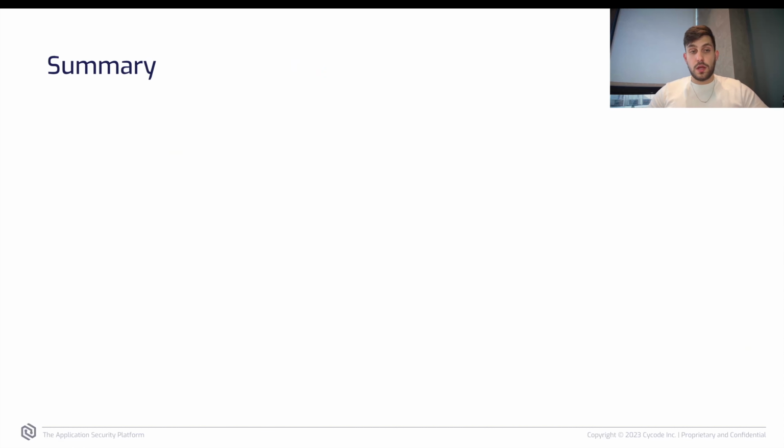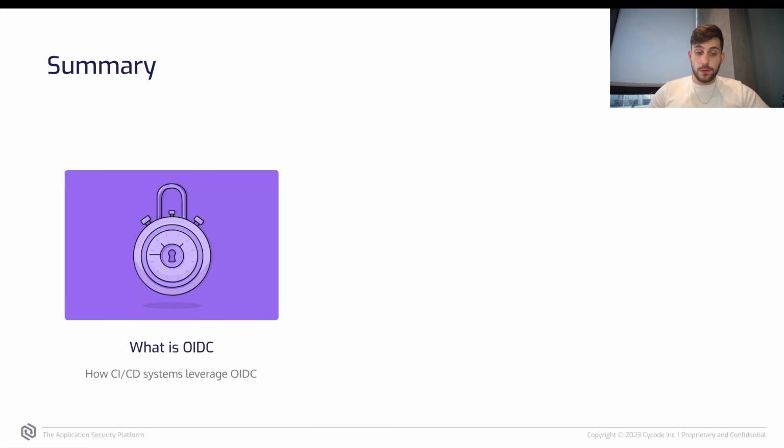Okay, to sum up, let's see what we talked about today. Firstly, we talked about what OIDC, OpenID Connect, is, and how we can leverage it in CI/CD systems, such as GitHub, to third parties like PyPI.